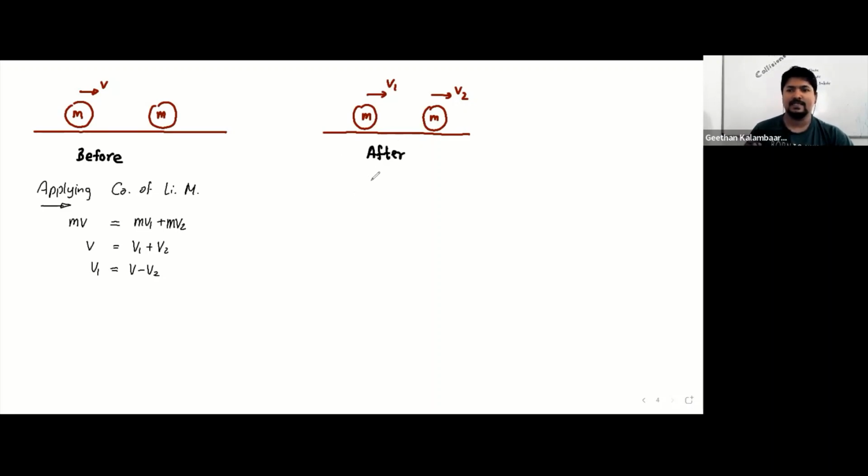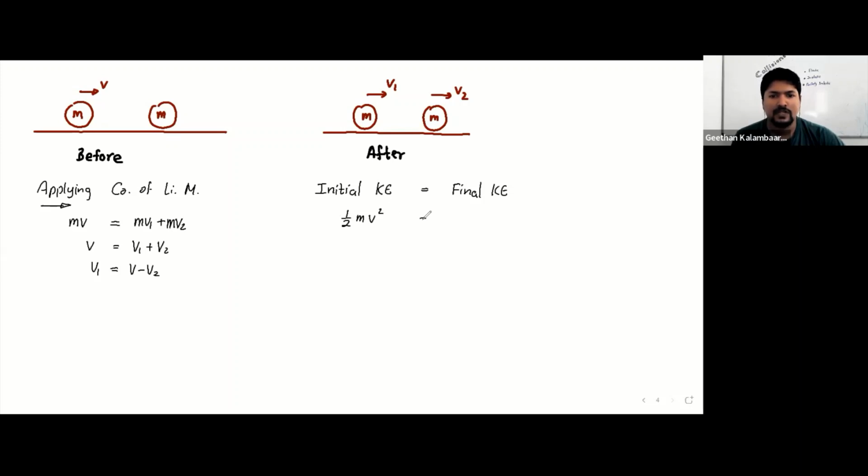Now since this is an elastic or perfectly elastic collision, we can apply the initial KE is equal to final KE equation. Initial kinetic energy, final kinetic energy වලට equal වෙන්න ඕනේ. So let's apply that and see what happens. Initial KE. Initially you have only the single mass m.